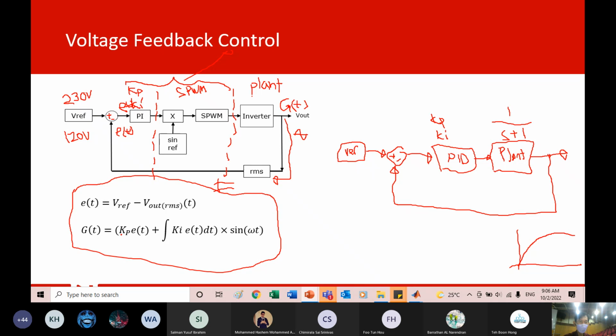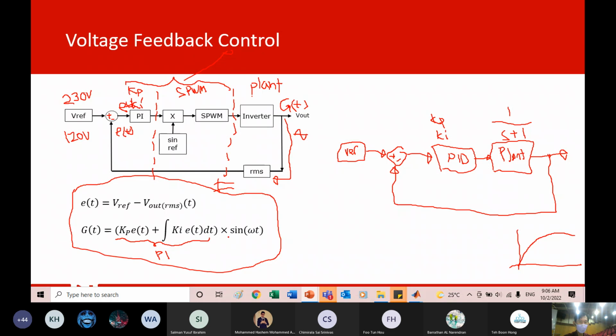The whole output G of t will be the Kp multiplied by your error, plus, because of PI, Ki is integration multiplied by your error. So this represents the PI controller.